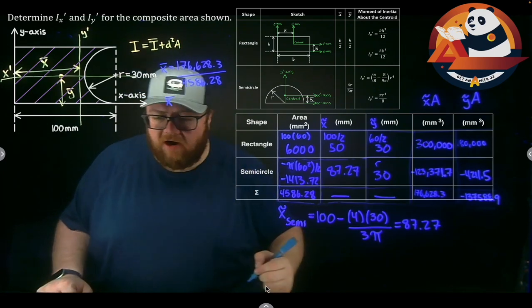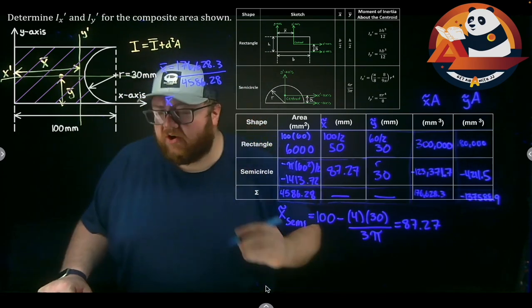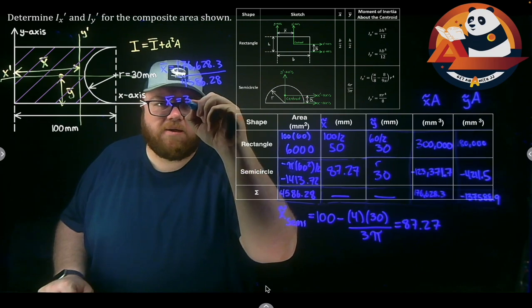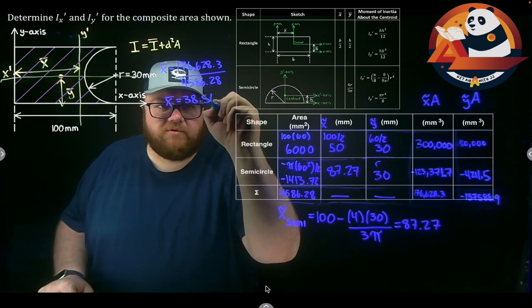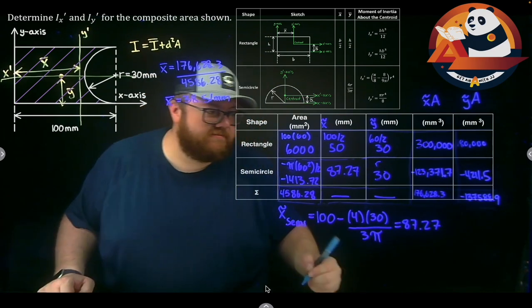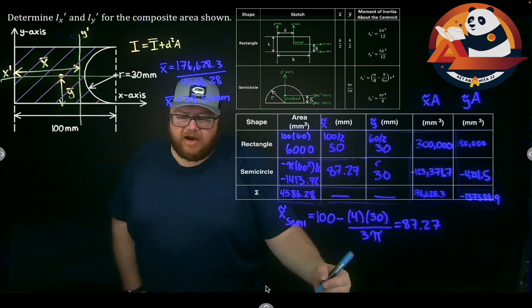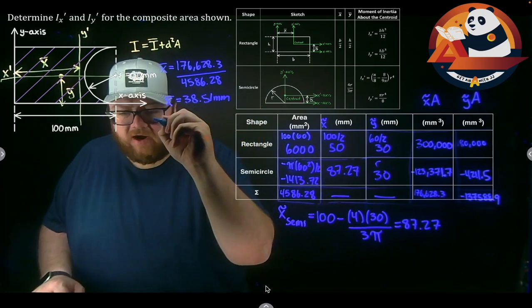Or my x bar works out to get me 38.51 millimeters.